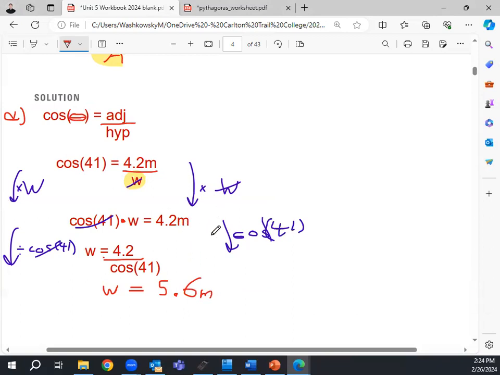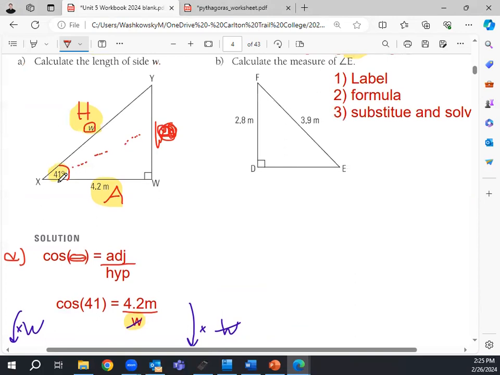That's as hard as the trigonometry we've done before gets. Like I said, we're in a bit of a speed course here. So that was question A. Question B will be a little bit simpler.